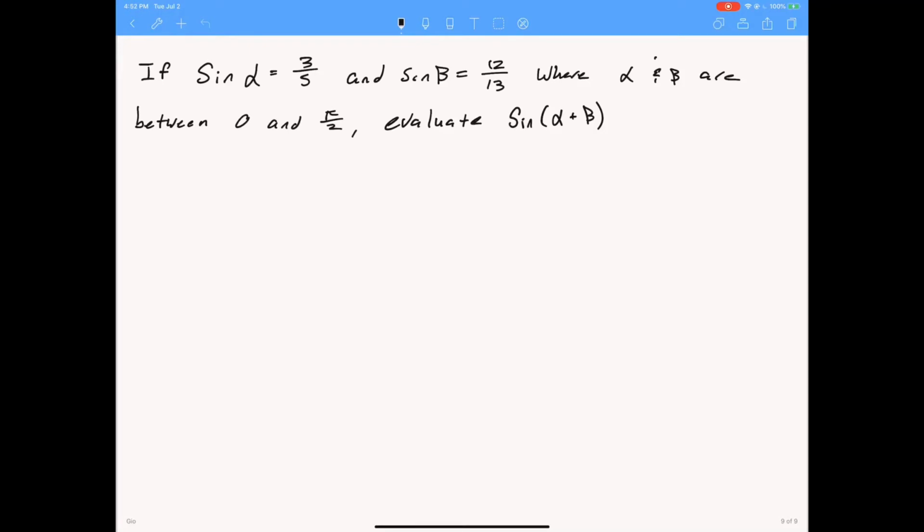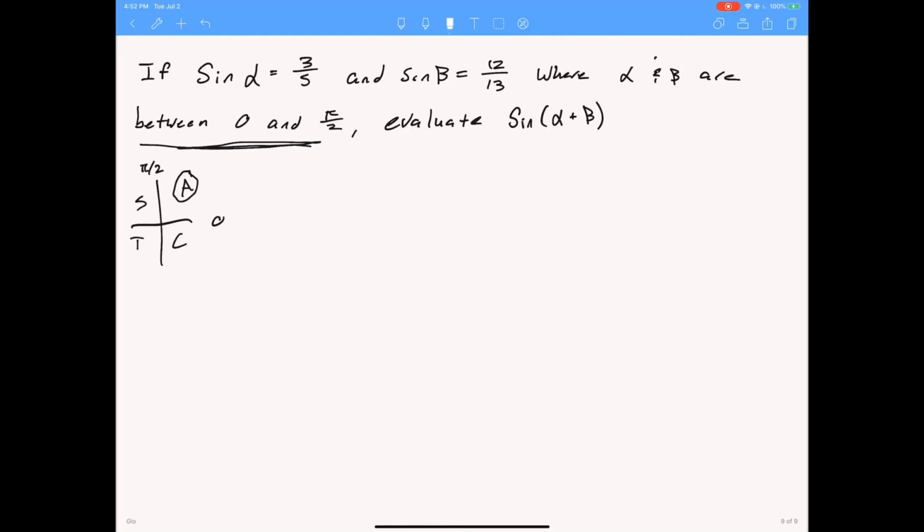So we're going to address this part first, that alpha and beta are between 0 and pi over 2. So here is 0, and that's pi over 2. So that means that our angles are in the first quadrant. If you remember, all students take calculus, that means every trig function here is positive.